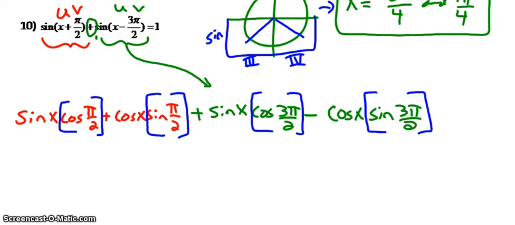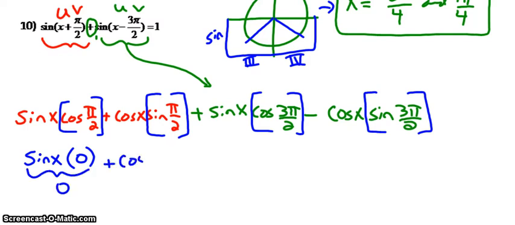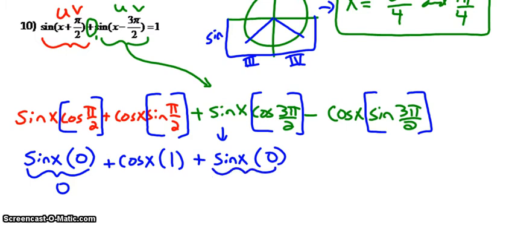In this first part, we will have sine x, and the cosine of pi over 2, you'll recollect, is 0. So 0 times sine x is going to be 0. Plus, we have cosine of x, and sine pi over 2 will give us a value of 1. Adding to that, sine of x times cosine 3 pi over 2 will give me a value of 0 again. So one more time, this will become a 0.